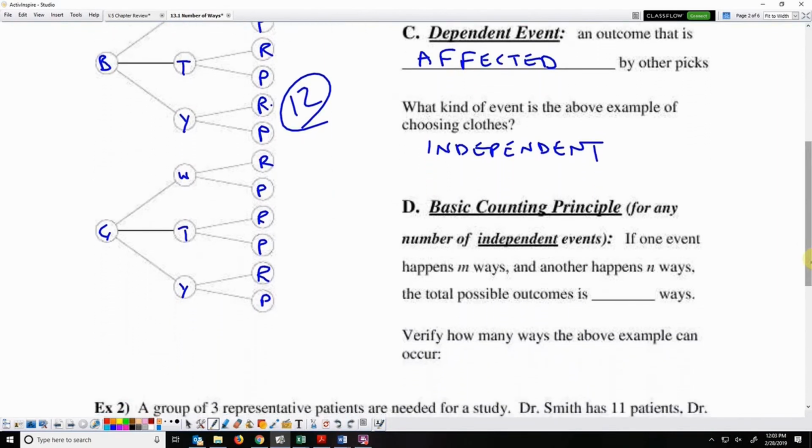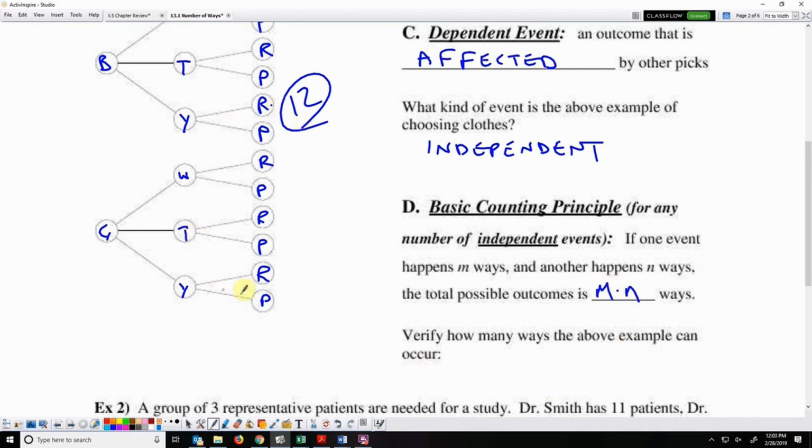Okay? Now, if we have 10 pairs of pants and 30 shirts and 27 ties, this tree diagram here is going to get awfully big. But we can use the basic counting principle for any independent events. So if one event happens in M ways and another in N ways, then the total possible outcomes is M times N. Right?